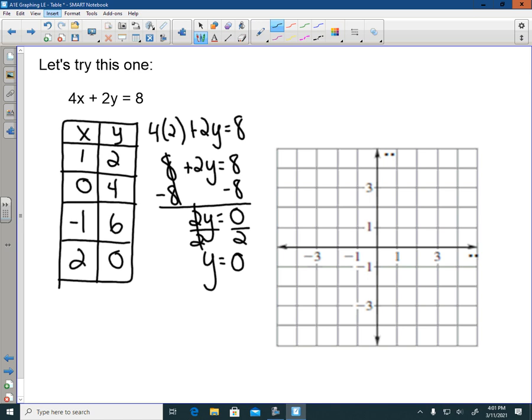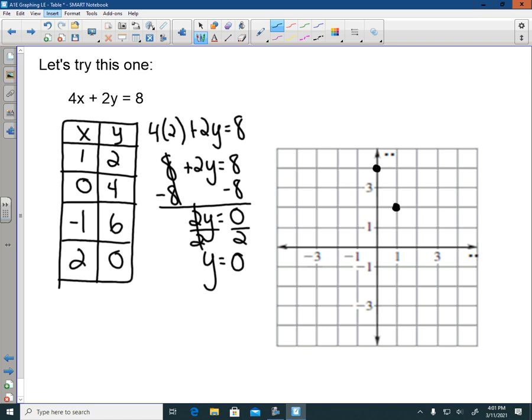And now we can plot those points. So 1, 2 means you go 1 unit to the right and 2 units up. So there it lives right there. 0, 4 means you don't go anywhere left or right, but you go up 4. So 1, 2, 3, 4, there it is there. -1 would be 1 to the left and then up 6.